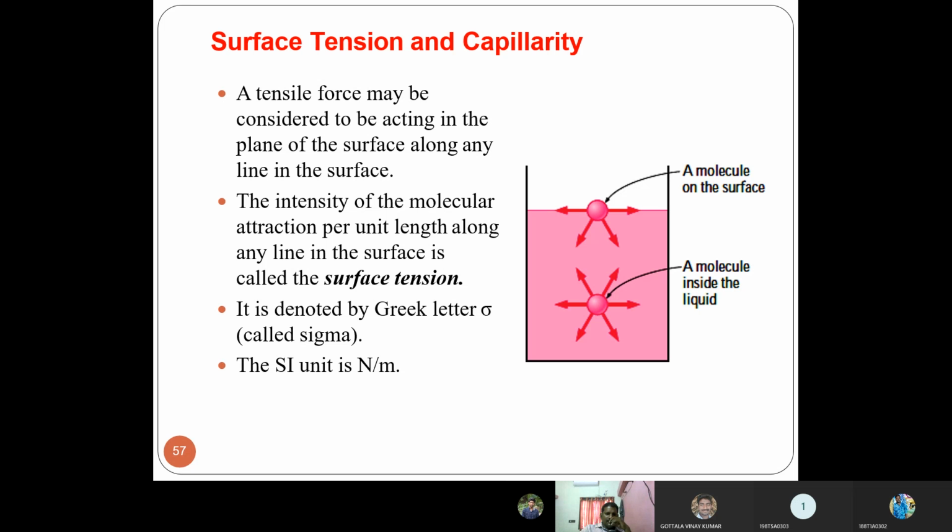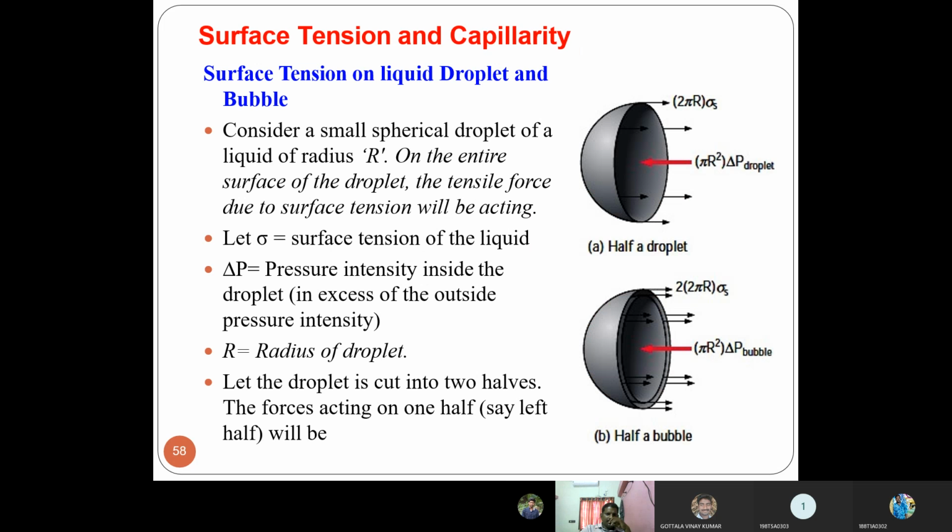This surface tension is represented by the Greek letter sigma. Understand? And its unit is Newton per meter. Okay, come for another slide. Surface tension along a liquid droplet and a bubble. Understand? So this is one bubble, droplet, hemispherical droplet.